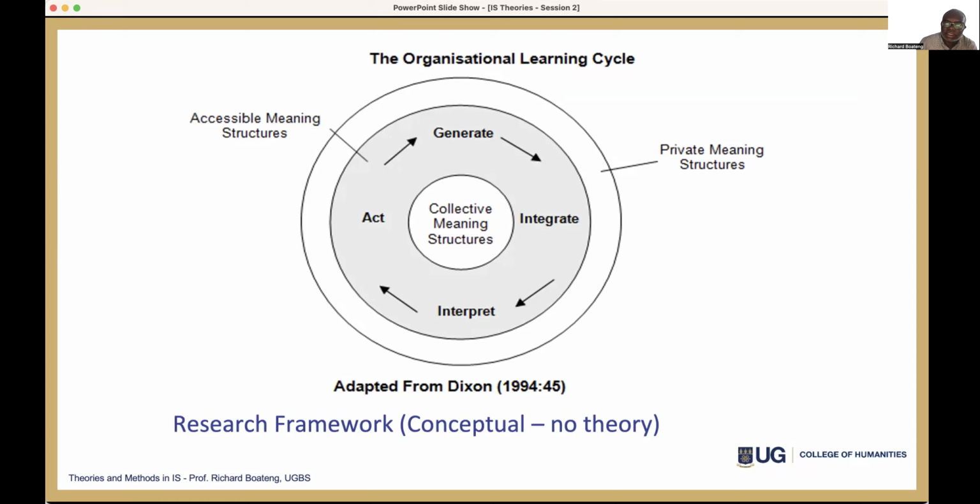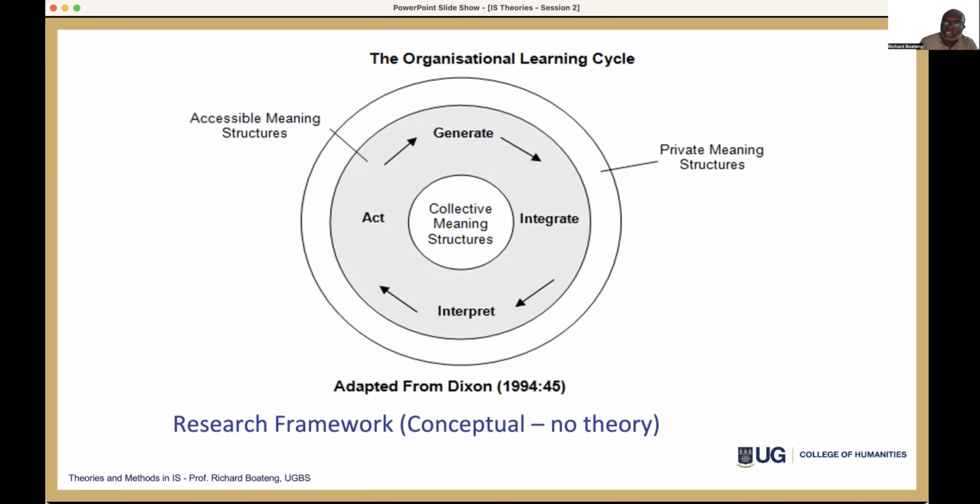So somebody may say that collective meaning structures can be seen as collective knowledge, accessible meaning structures as accessible knowledge, and private meaning structures as private knowledge.